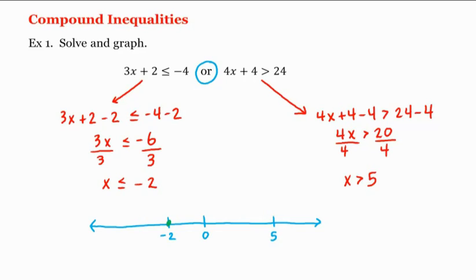We put a closed circle at negative 2. And less than, we go to the left. X greater than 5. X cannot equal 5, so we put an open circle, and then greater than, we go to the right. Which would be our answer.